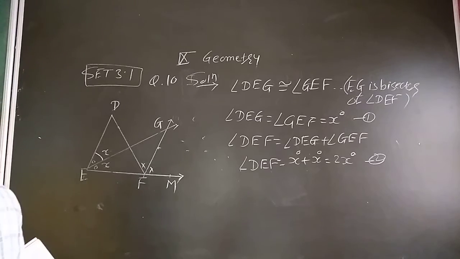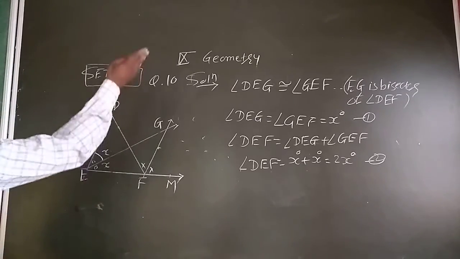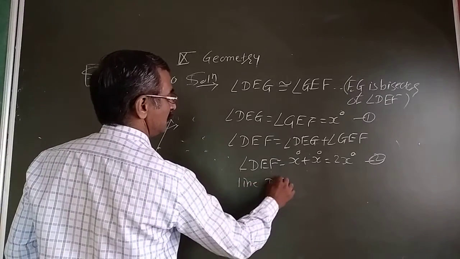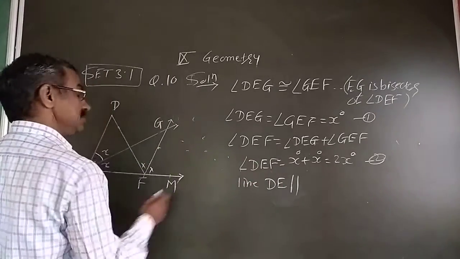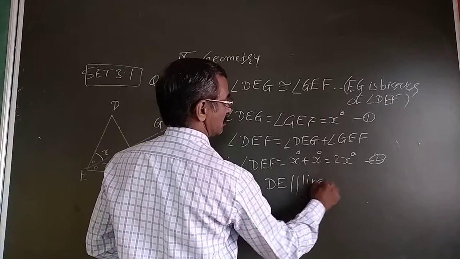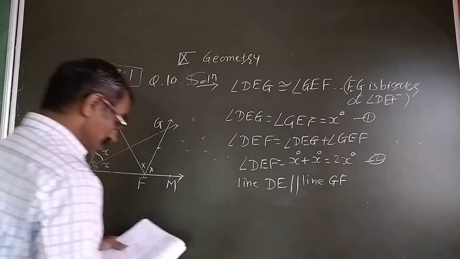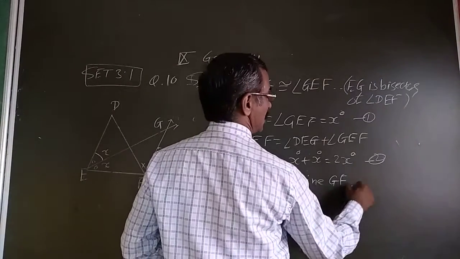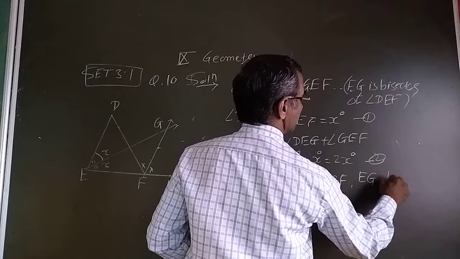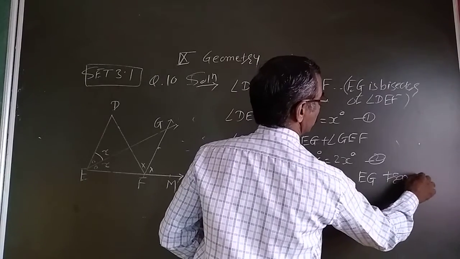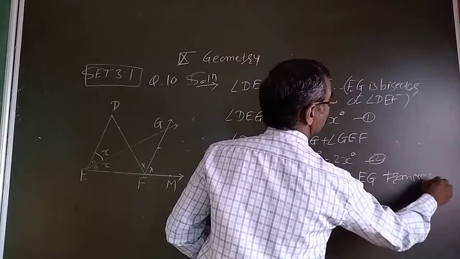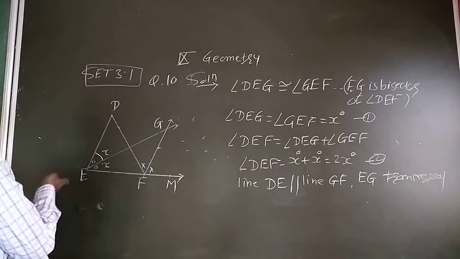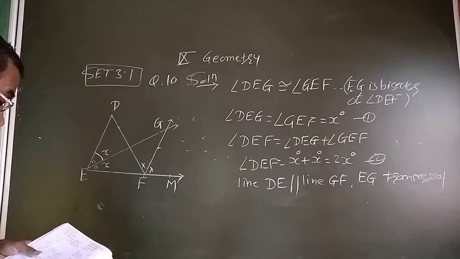Then again, line DE is parallel to GF. That is given, and EF is a transversal of these two lines. These two are parallel and this is the transversal.